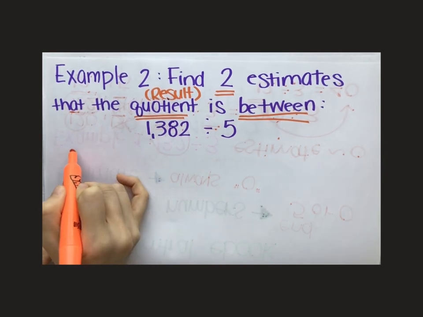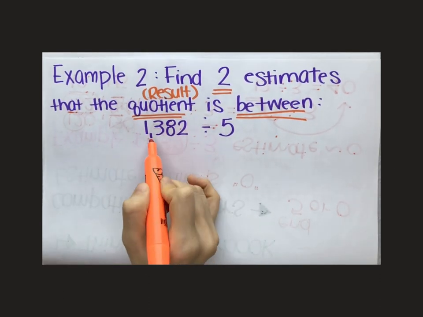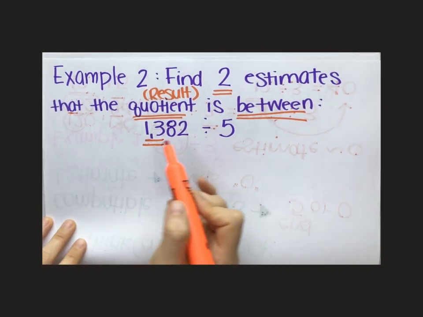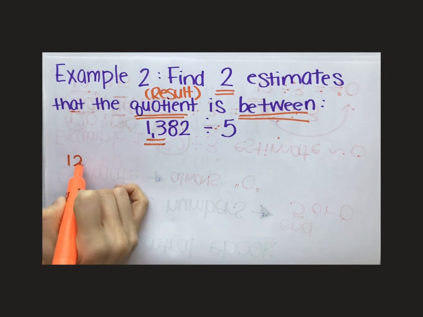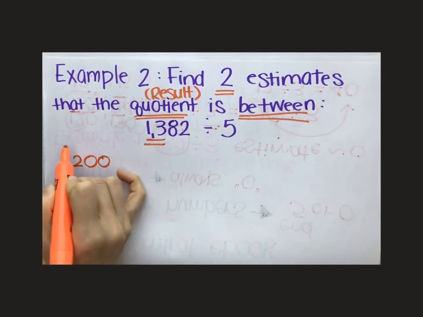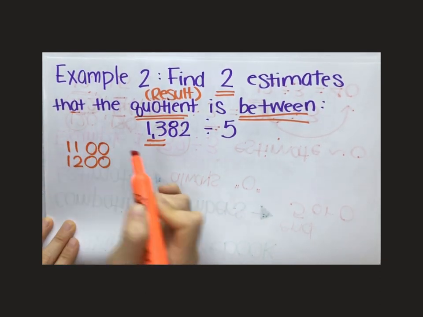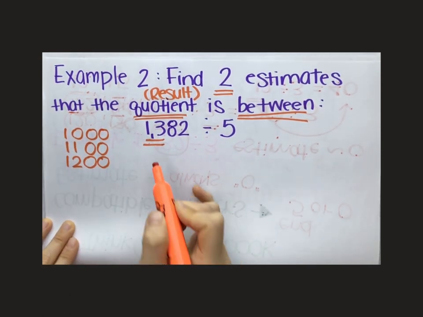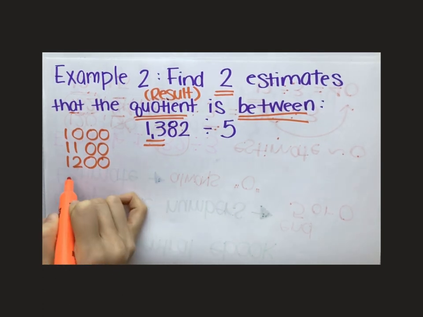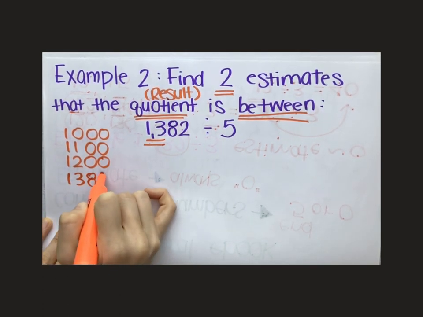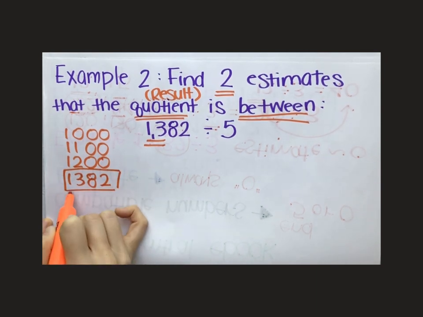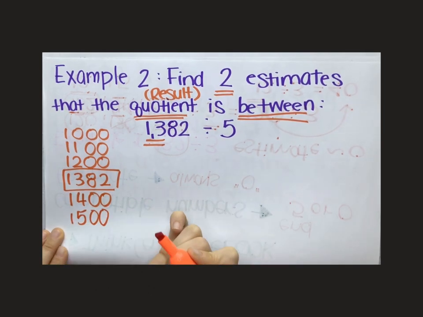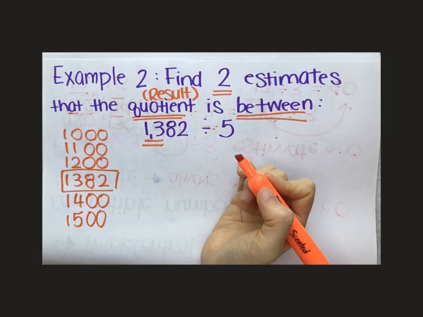I'm taking 1,382 and I'm going to underline my 13. Boys and girls, will this be closer to 1,200, 1,100, 1,000? Then I'm going to go up, because I know my number is somewhere around here. Then I'll do 1,400 and 1,500, because those are the basic facts we're going to be using.